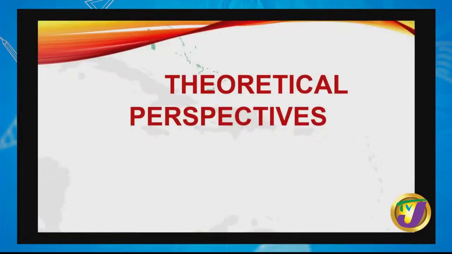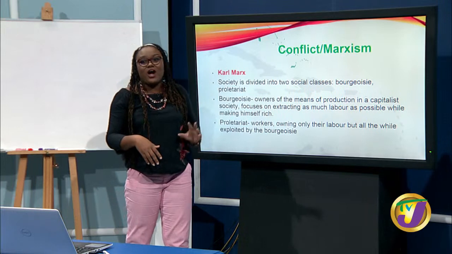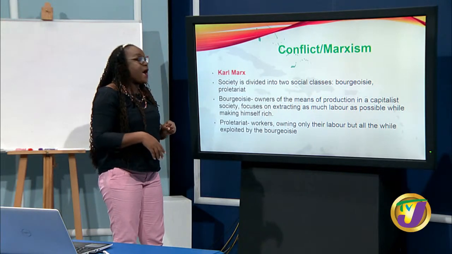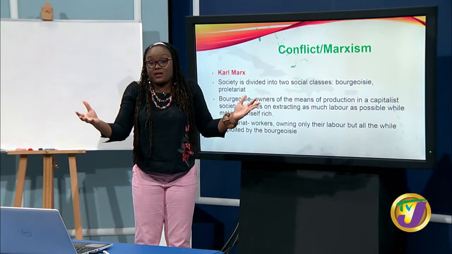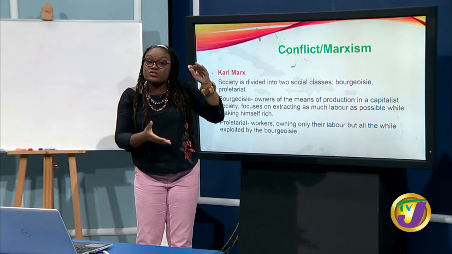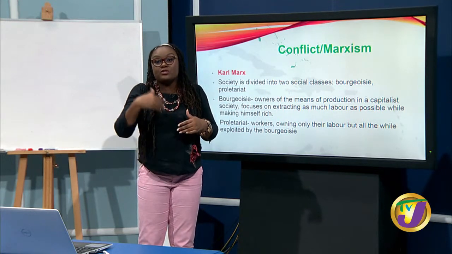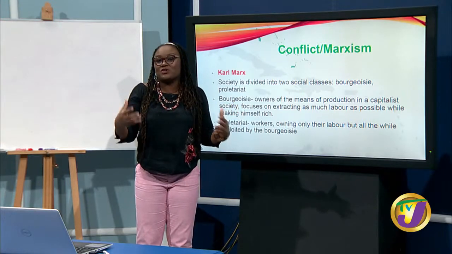So what are the theoretical perspectives on the Caribbean family? We always want to look at the conflict perspective, right? Put forward primarily by Marx. And we remind ourselves that Marx says of everything that the society is divided into two, the bourgeois at the top and the proletariat at the bottom. The bourgeois own the means of production. And Marx sees everything through the lens of economics, right?